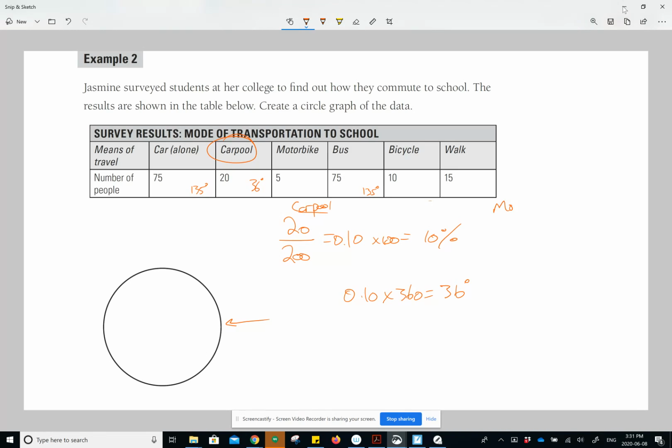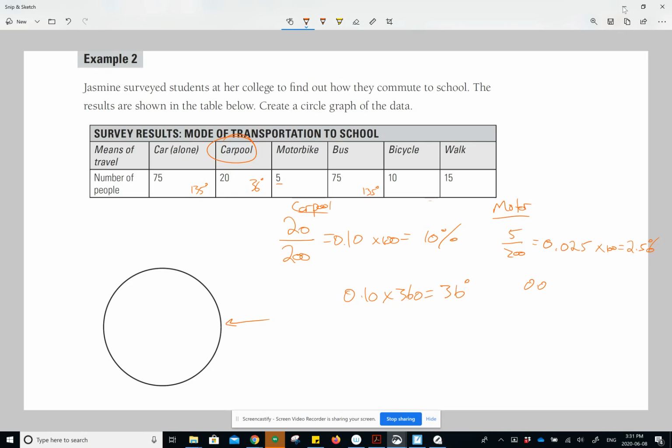For the motorbike, it's 5 out of 200. So 5 out of 200 as a decimal first is 0.025. Be careful, it's not 0.25, it's 0.025. If I multiply that by 100, that means it's 2.5%, which makes sense. It's a small percentage. It's only 5 out of 200.